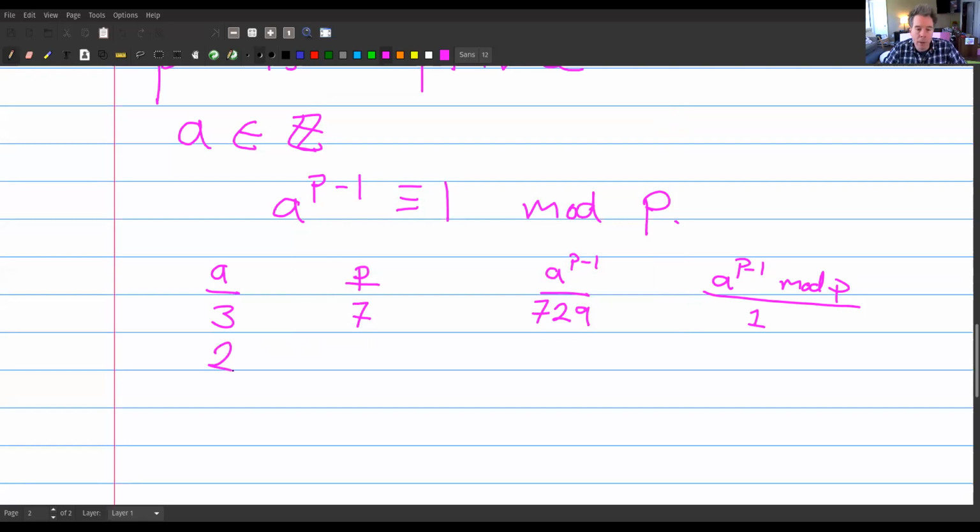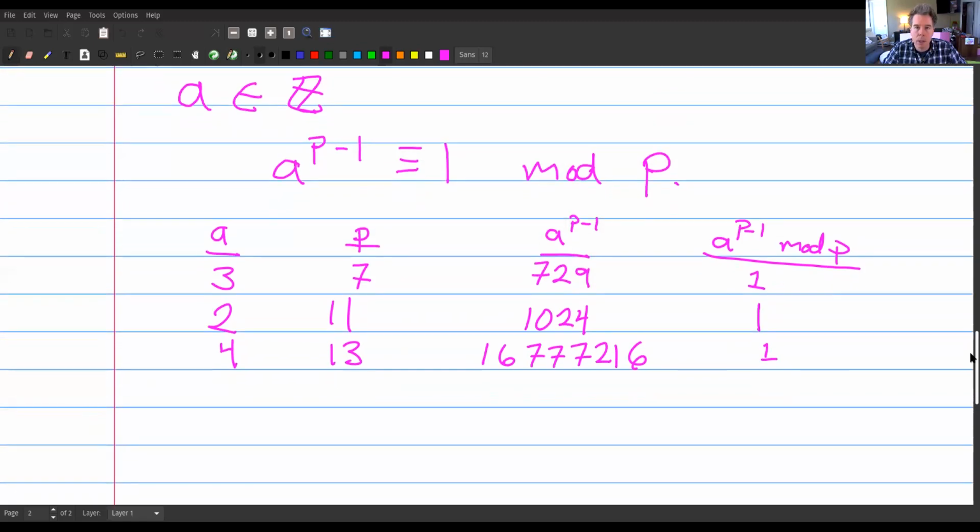So we can do 2 to the 10th power, which is 1024, and then mod 11, this is 1. We could do 4 and 13, and then 4 to the 12th power is 16777216, and then modulo 13, it's 1.